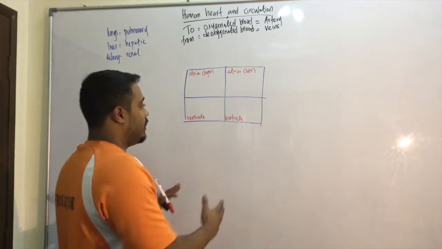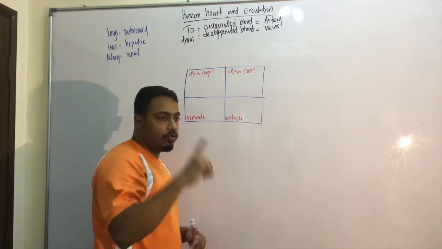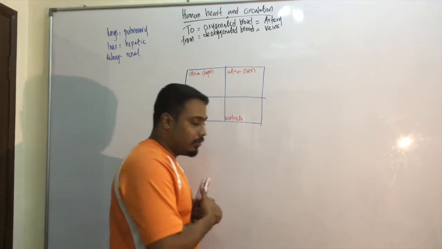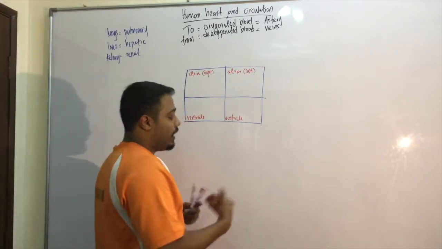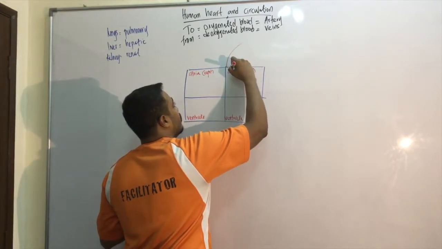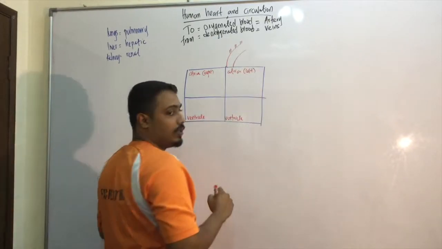We're going to start with the left side. You can start whichever side you like, but you do have to remember at least one blood vessel, and the one that I like to remember is the aorta. I'll tell you why I like the aorta, mainly because it is one of the largest blood vessels, and usually it has branches coming out of it.